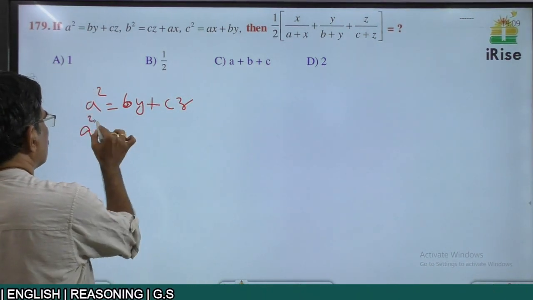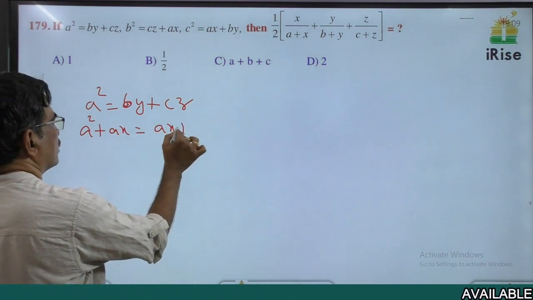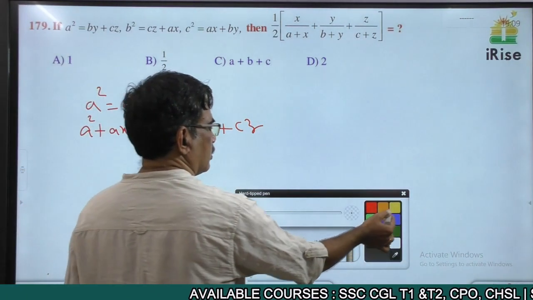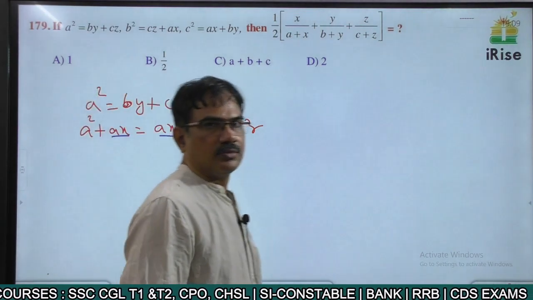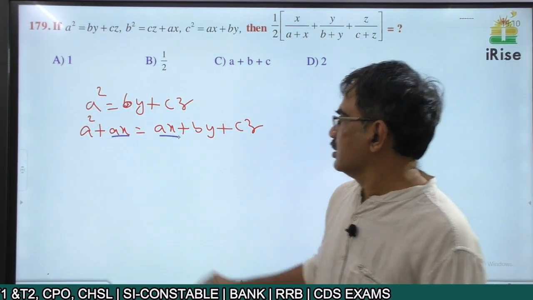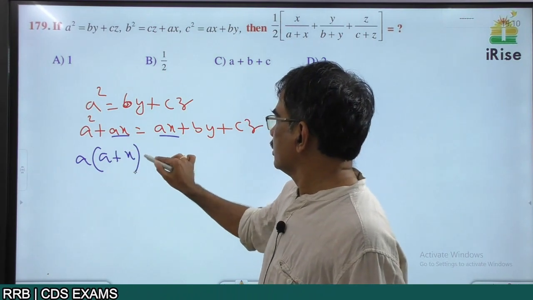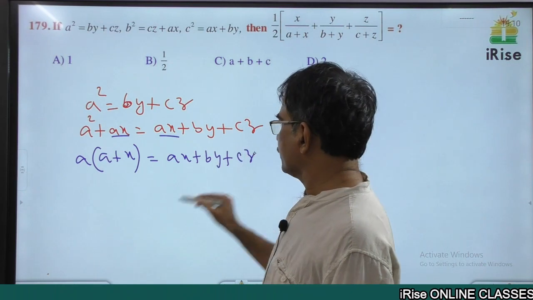Here adding ax on both sides, we get a square plus ax equals ax plus by plus cz. Then what it becomes? This is nothing but a into (a plus x) is equal to ax plus by plus cz.